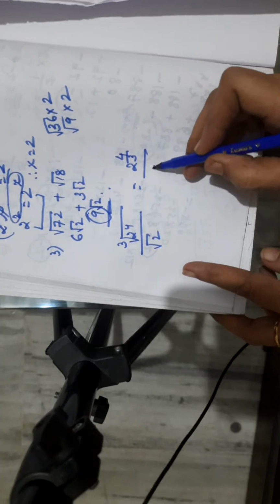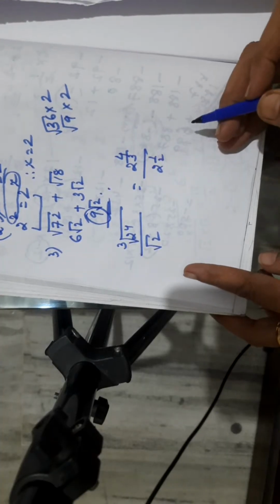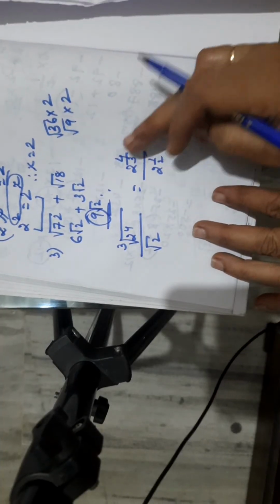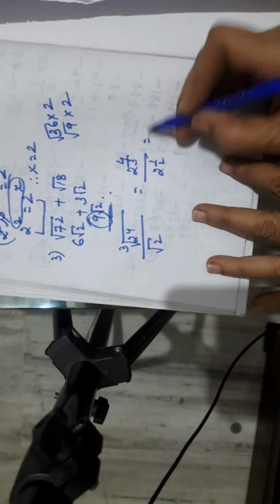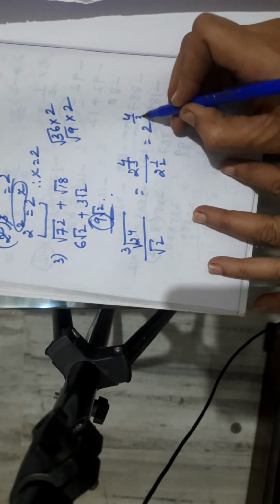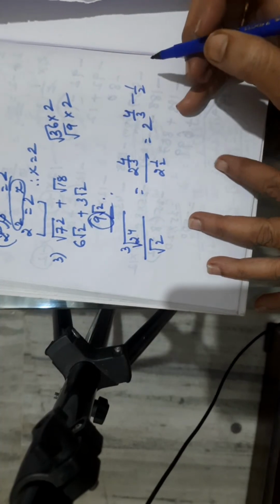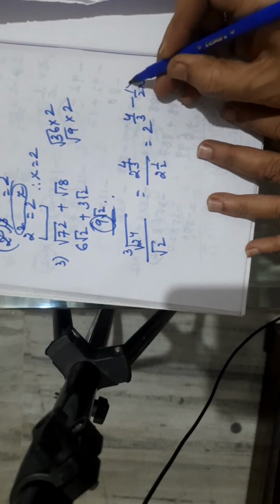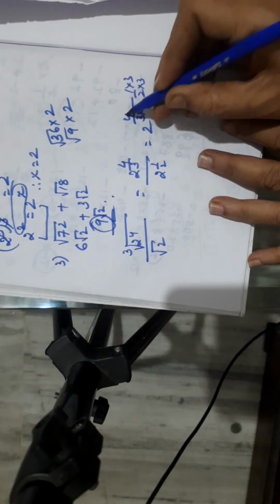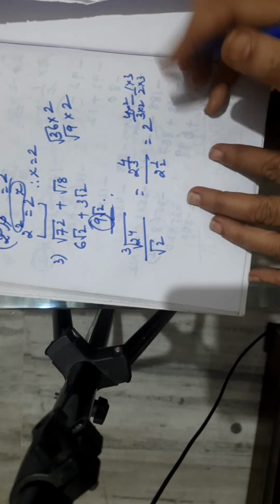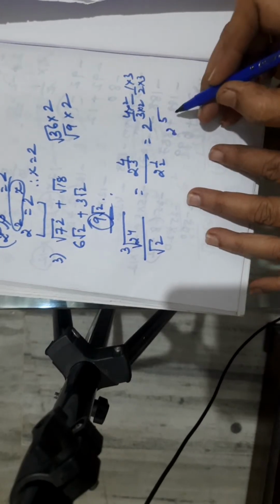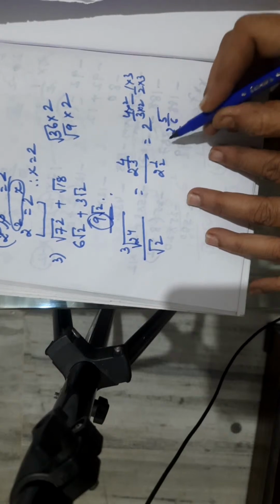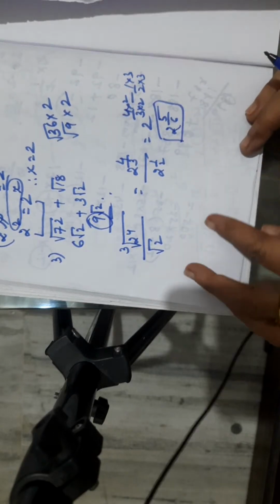If nothing is there, it means 2 raised to power half. When the numbers are in division, we subtract the powers. So it's 2 raised to 4 by 3 minus 1 by 2. Now get the LCM: multiplying 3 and multiplying 2, 8 minus 3, 5. So the final answer is 2 raised to 5 upon 6.